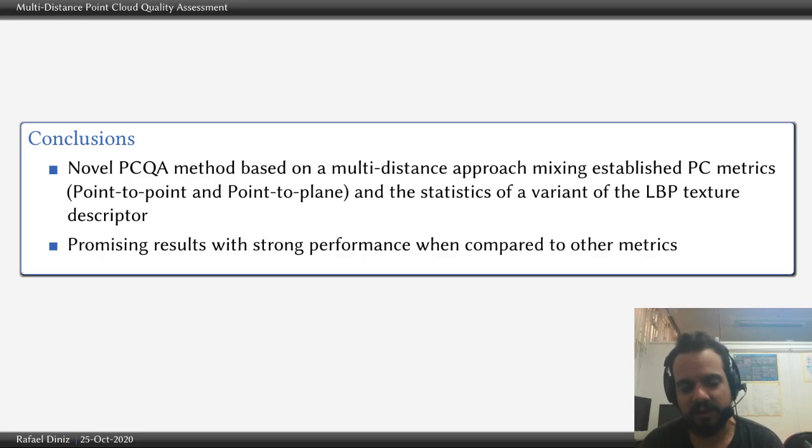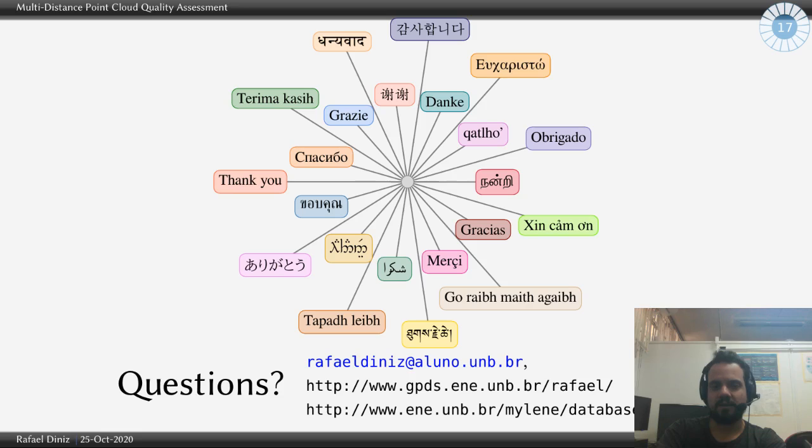We only use the texture information, I mean. So this study seems to have promising results, and we already got some strong performance when compared to other metrics. So I think with this I finish my presentation.